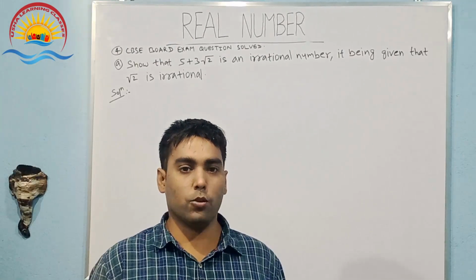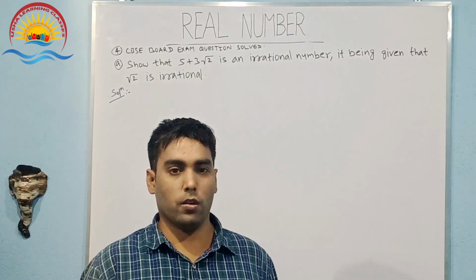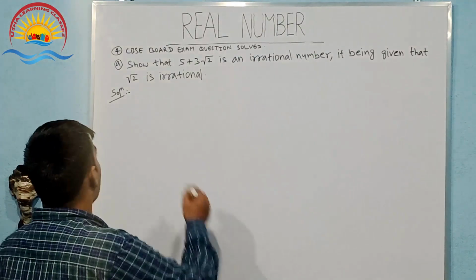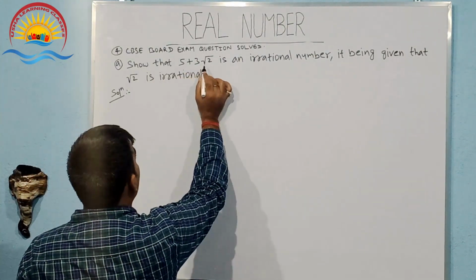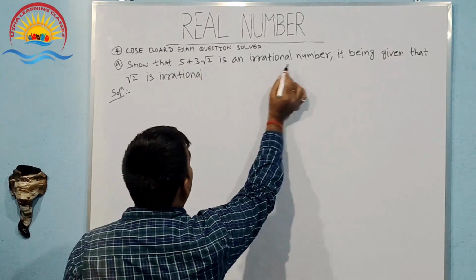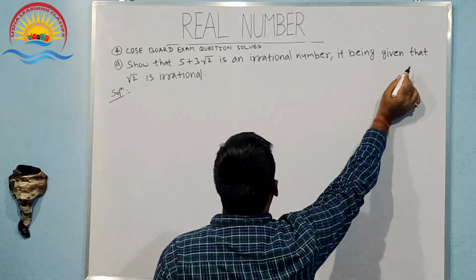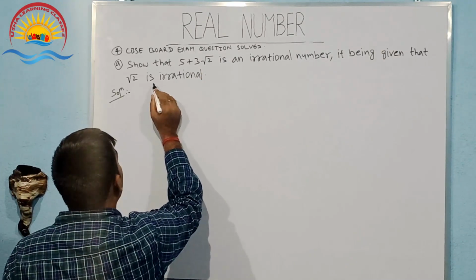Now come to our next topic, CBSE board exam question solved. Our first question is, show that 5 plus 3 root 2 is an irrational number, it being given that root 2 is irrational.